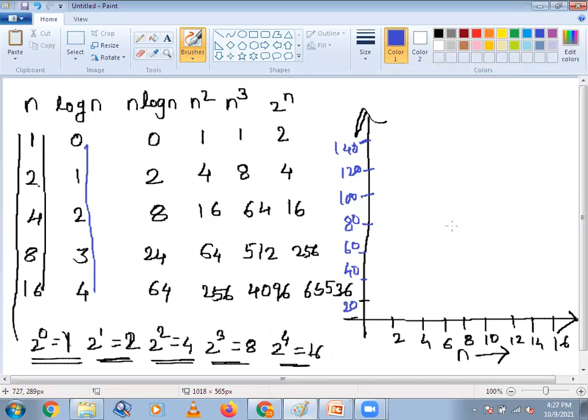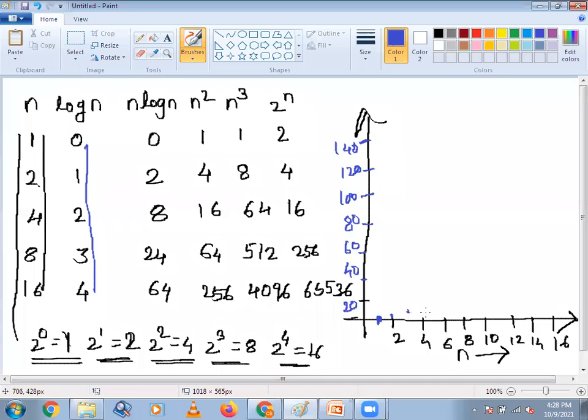So for n is equal to 1, log n shows 0, that is here. N is equal to 2, value is 1 here. N is equal to 3, then it shows 8.